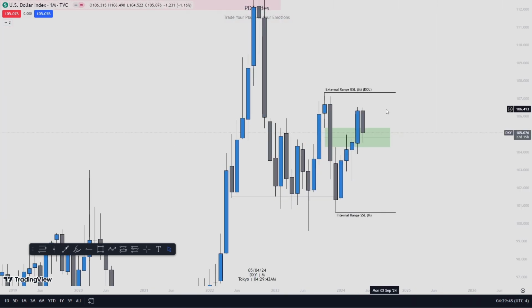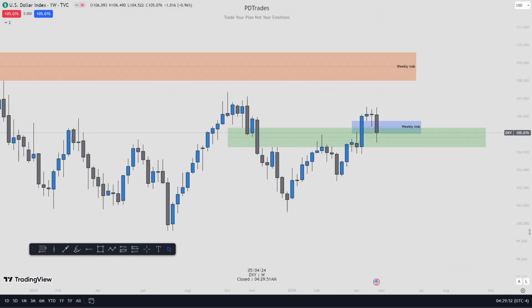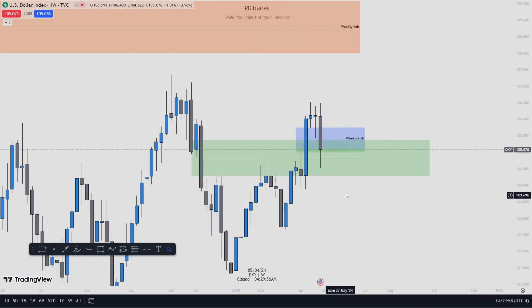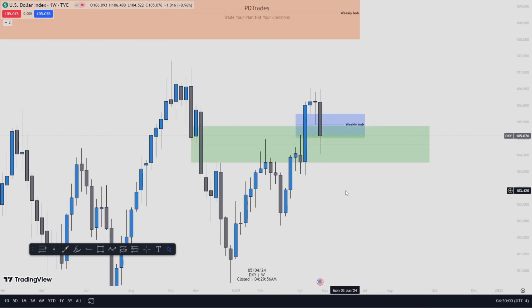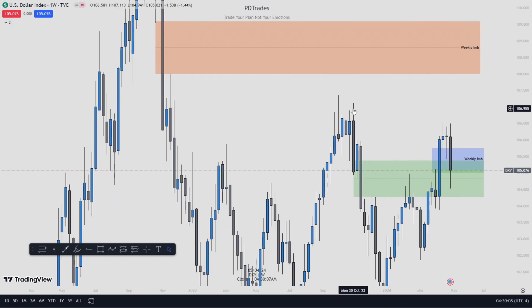I'm going to go to my weekly time frame. When I check my weekly time frame, I get clarification. You can see that the more I go into the lower time frames, the more information I get. You understand?